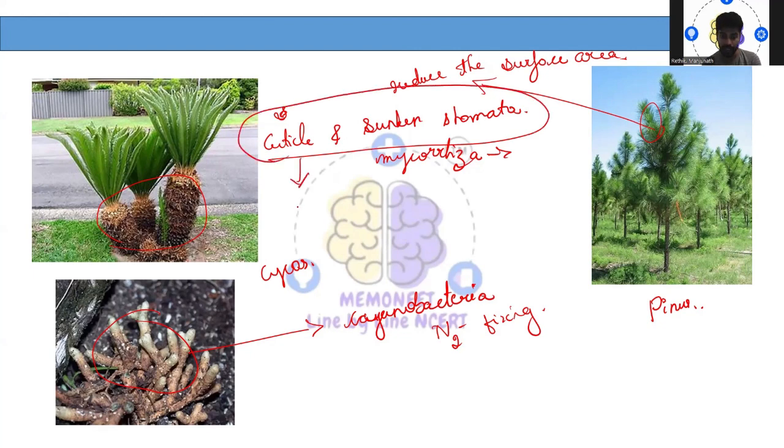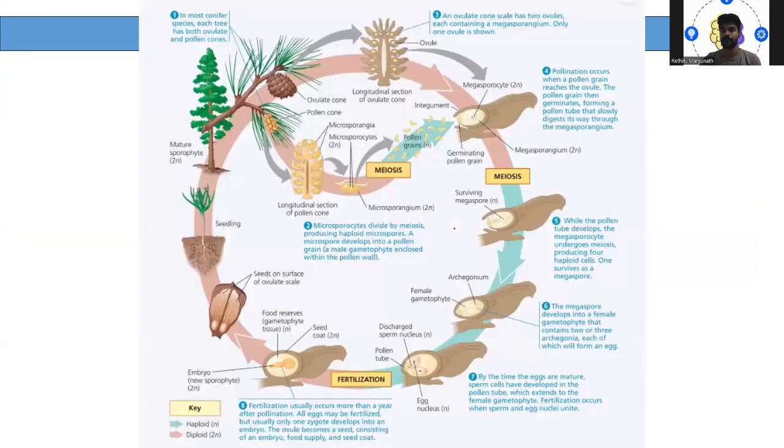It is going to help reduce the water loss through leaves. So this is one of the major important points.